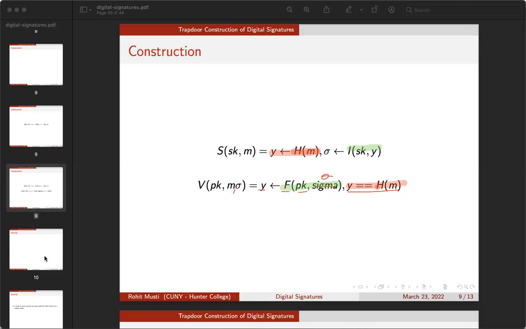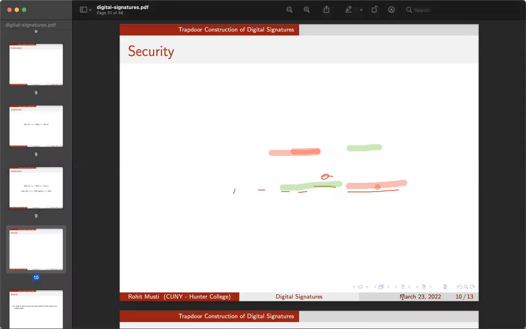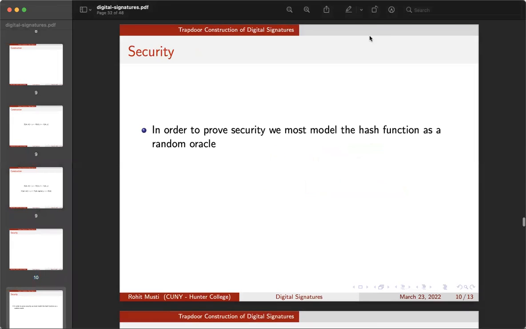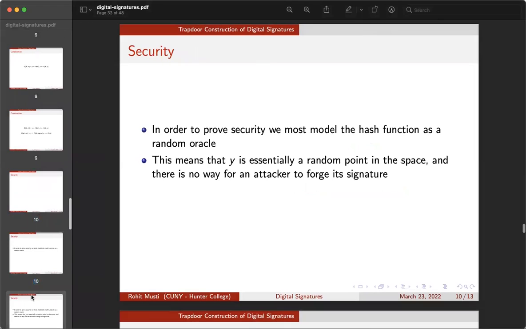Let's continue and talk about security. In order to prove security, we must model the hash function as a random oracle. This means that y can be thought of as a random point in the space, and there's no way for an attacker to forge its signature.